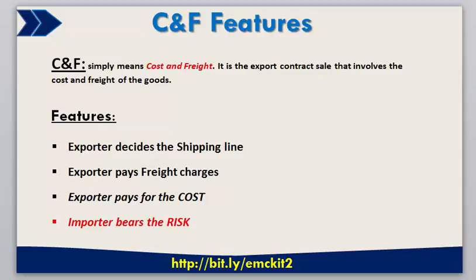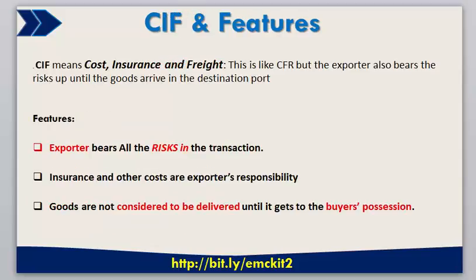You understand? Another one under group C, which is very common, is this particular one called CIF. You understand? A lot of buyers will prefer CIF, especially those buyers who have been in the business for a very long time. This kind of buyer, they are going to ask you a lot of questions.